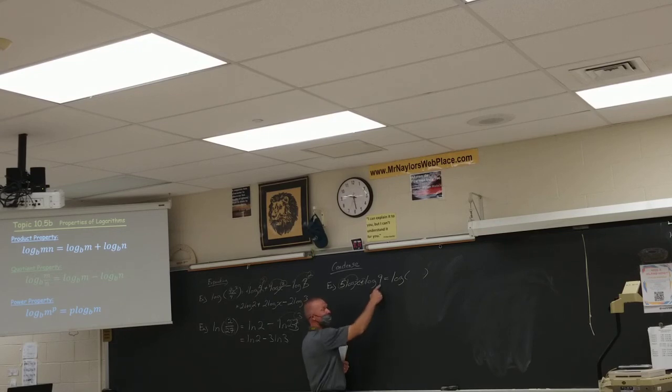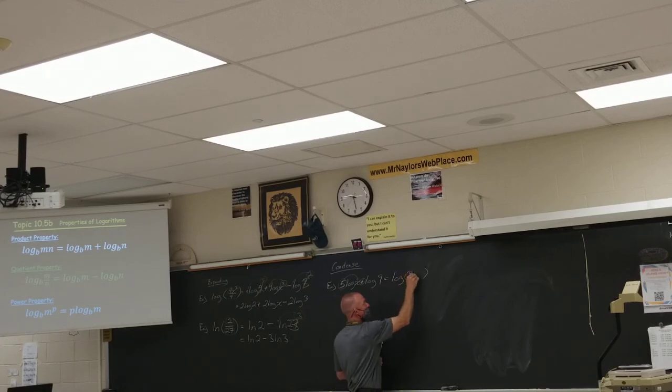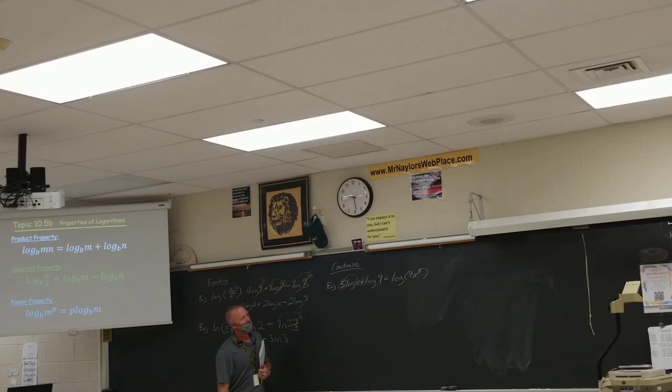So seriously, 9 and x to the 5th are just going to be multiplied. And that's all there is to it. So we wrote one log, and we squished it back together by multiplying.